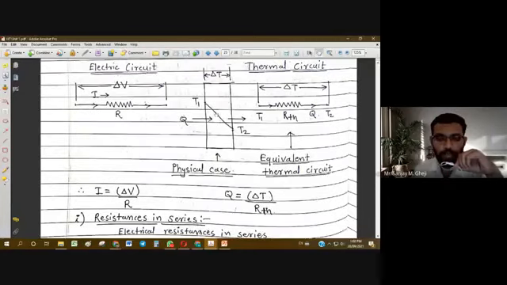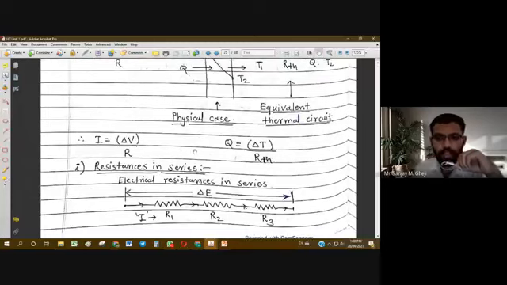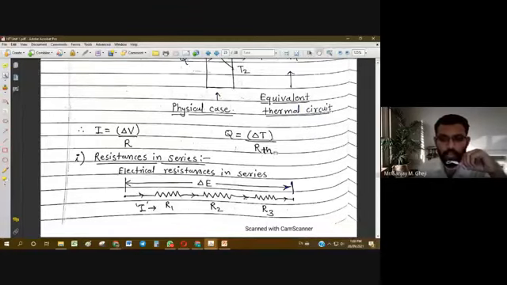We can apply mathematical formulae and easily solve the equations to get either the heat transfer rate, or the temperatures at various locations, or in some cases the thermal resistances.